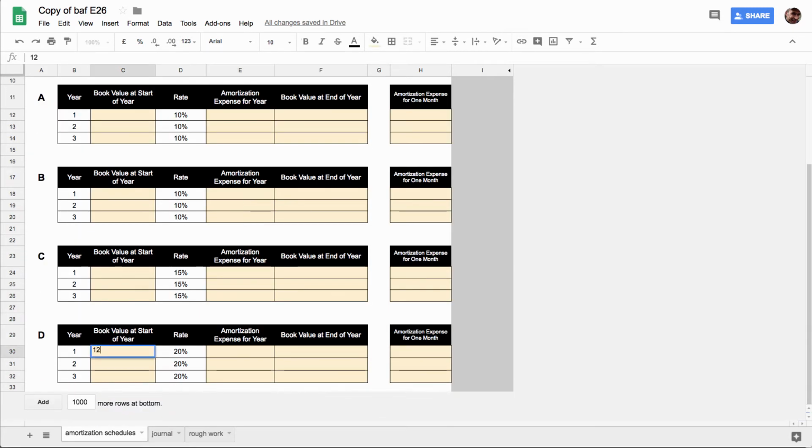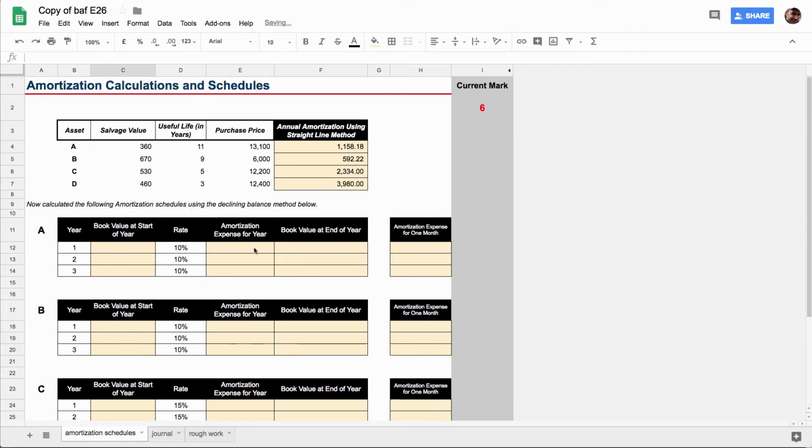The book value at the start of the year when we buy this asset is what it cost, $12,400. This is where it becomes really important to understand the concept of book value with amortization. And it comes up in other places, but book value is essentially the cost of an item, so original historical cost, minus any adjustments. So any contra asset values or any other deductions.